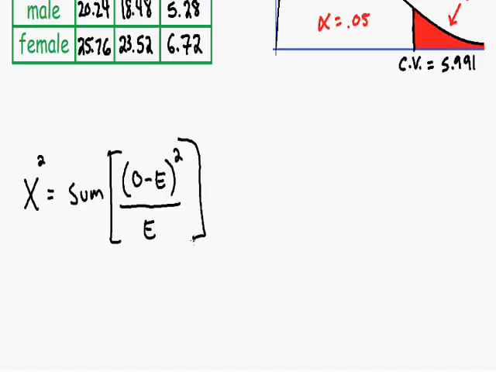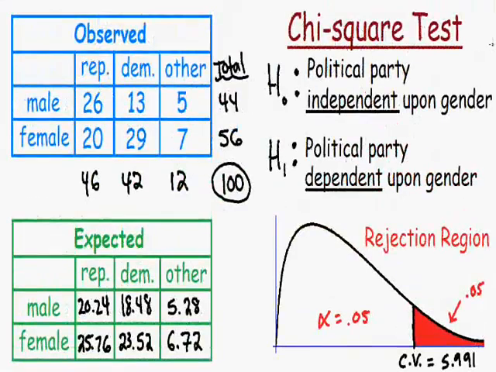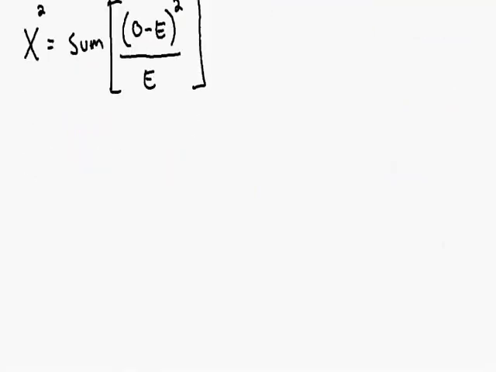So I think this is going to make a lot more sense once we just plug everything into it. So let's get started right away. We'll start with the male Republicans. We observe that there were 26 male Republicans, and the expected value of male Republicans was 20.24. So we'll use these two values to plug into our formula.